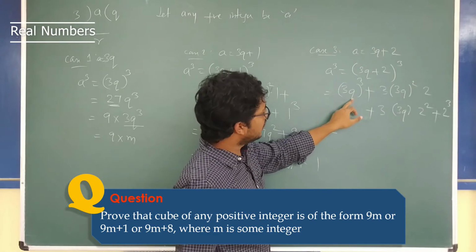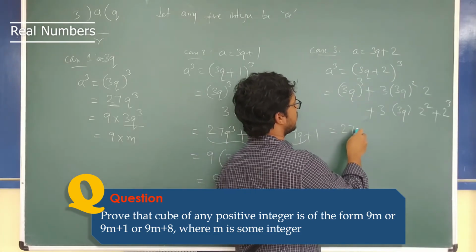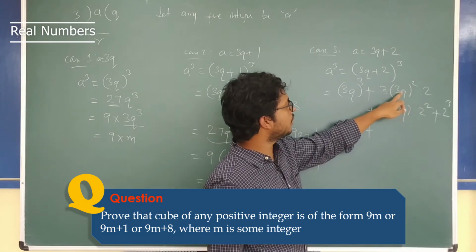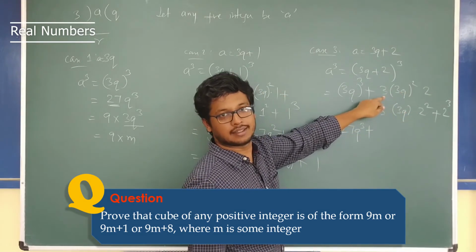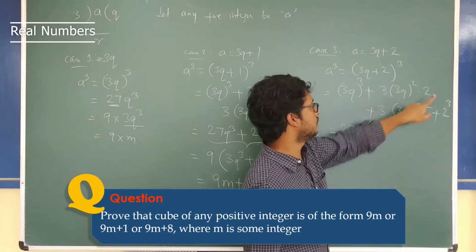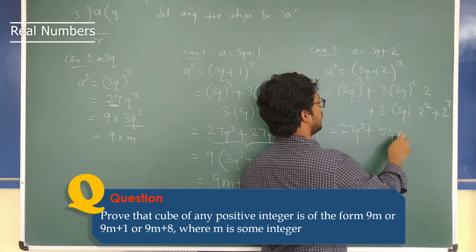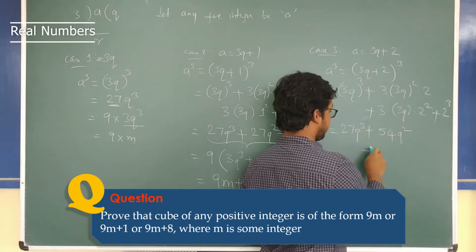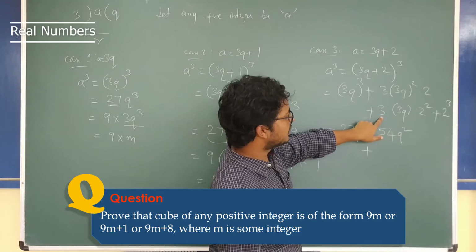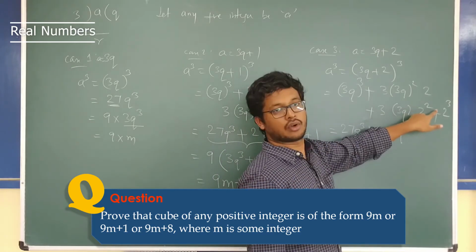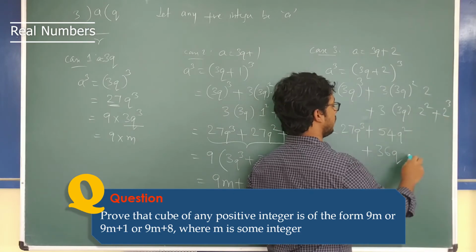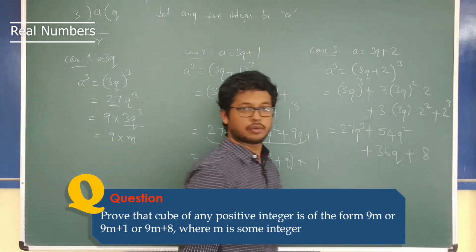So 3q whole cube is 27q cube, plus 3q whole square, which is 9q square, into 3 is 27q square, into 2 is 54q square, plus 3 into 3 is 9, 9q into 4, 9 fours are 36q, plus 2 cube is 8.